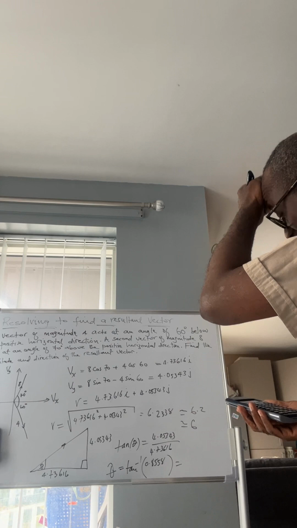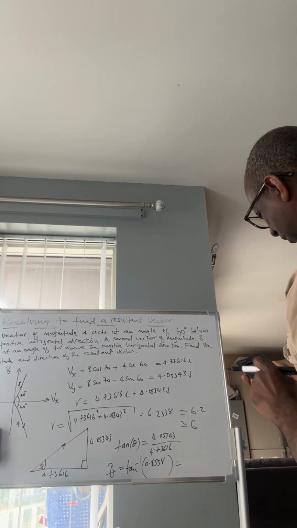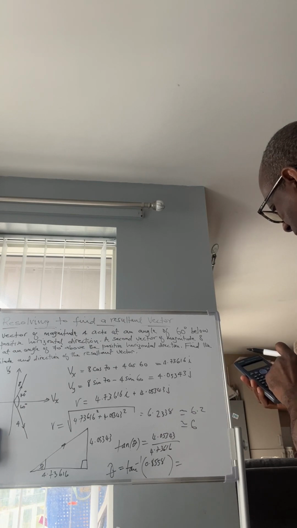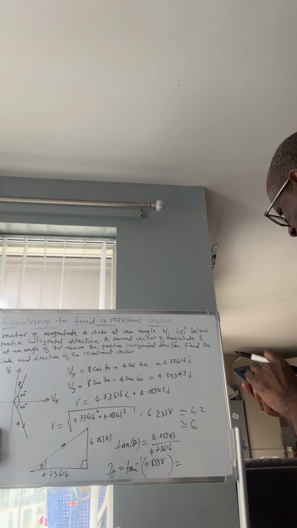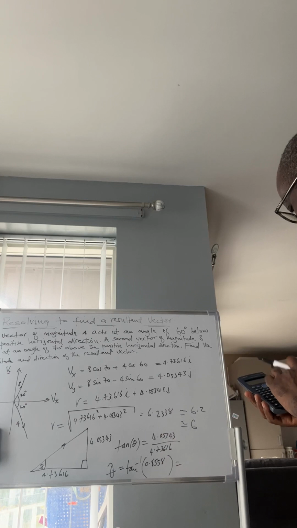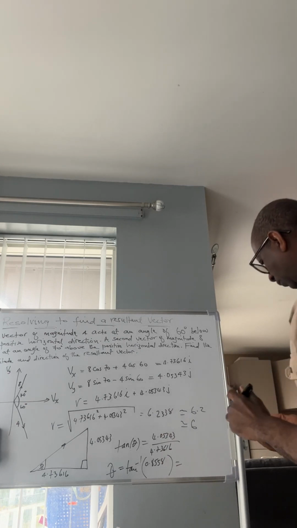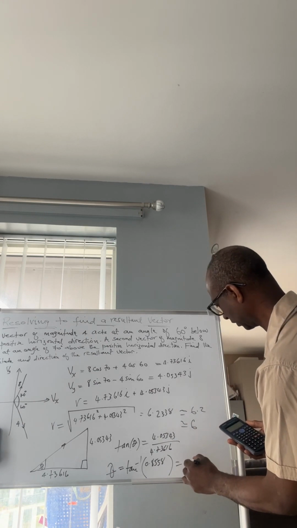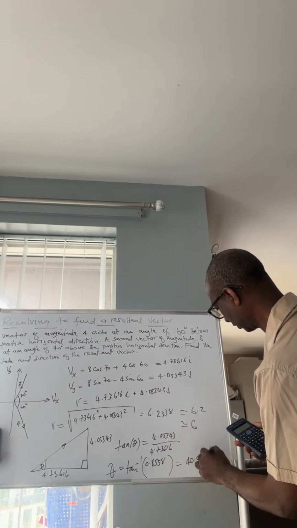Arctangent, where is arctangent here? I need this shift button, arctan 0.8558. Calculate. I'm getting 40.55 degrees.